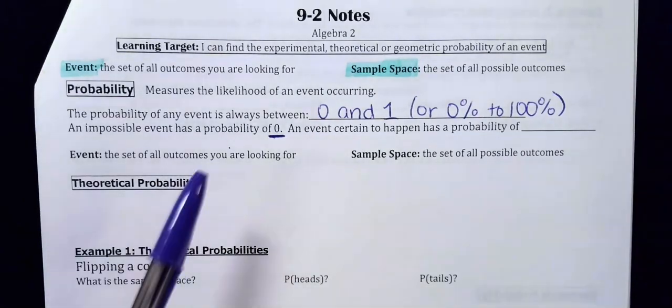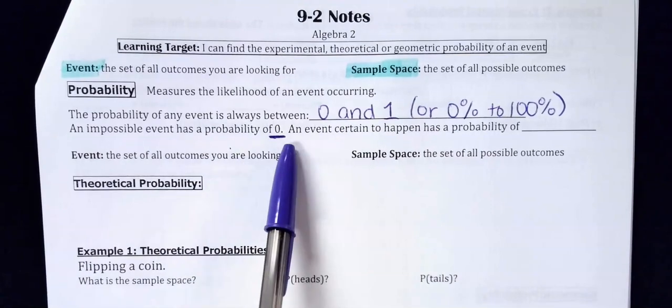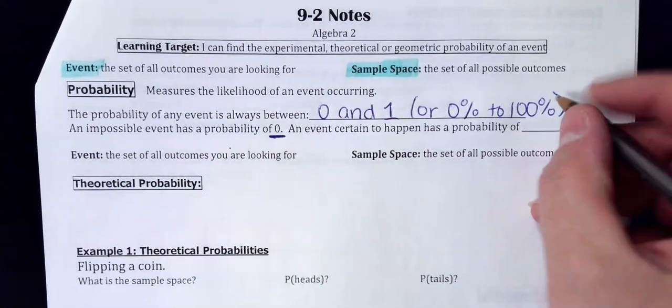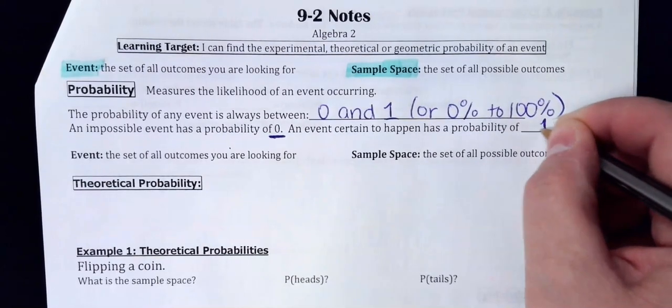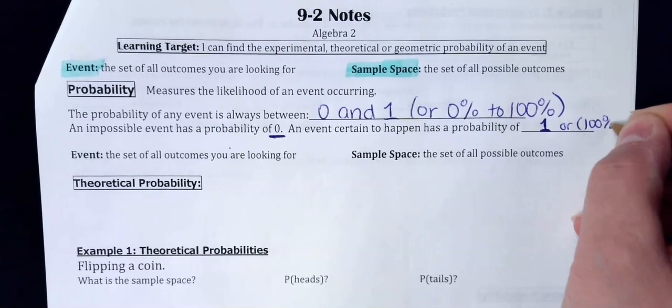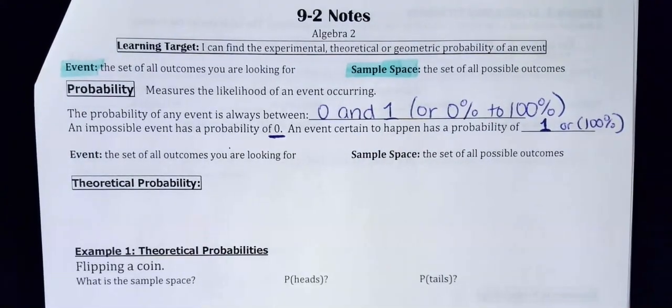If it can't happen, the probability is 0. If an event is certain to happen, it has to happen, the probability would be 1 or 100%. For example, if I flip a coin, the probability of heads or tails has to be one or the other, so that would be 100% probability.